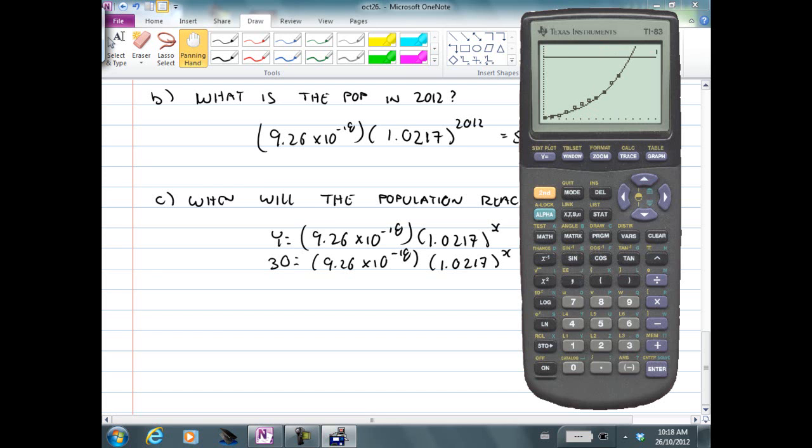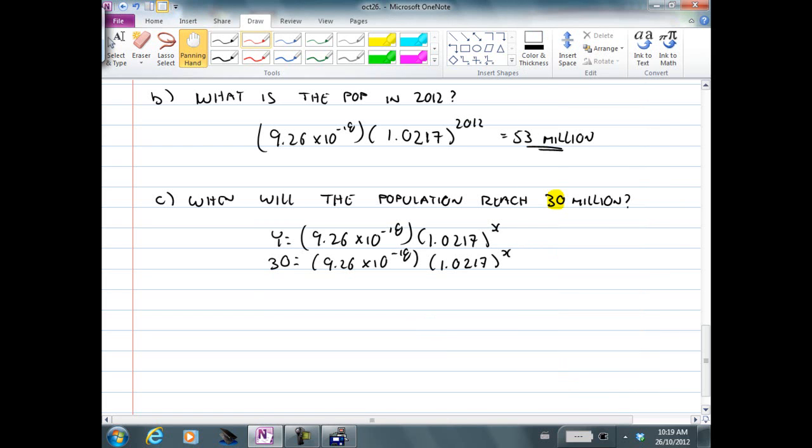I hit guess again, and it's going to give you exactly 1985. That is now how you work backwards to find everything. So what you've got to do is plot out under y1 and y2. So my answer, when is it going to hit? The answer is 1985. Voila. I'm going to give you a question for you to try on your own, and then I'm going to work on it, and that's it for today.